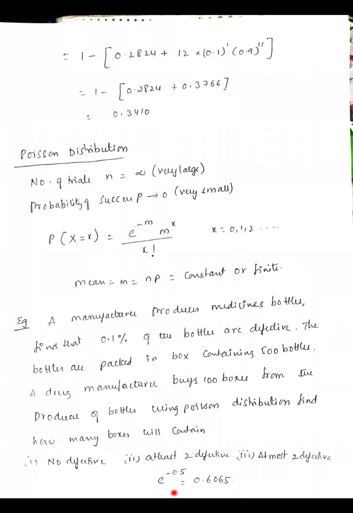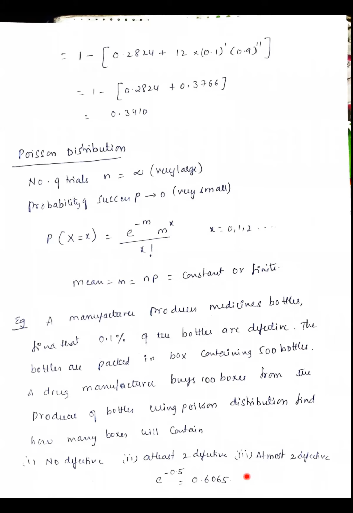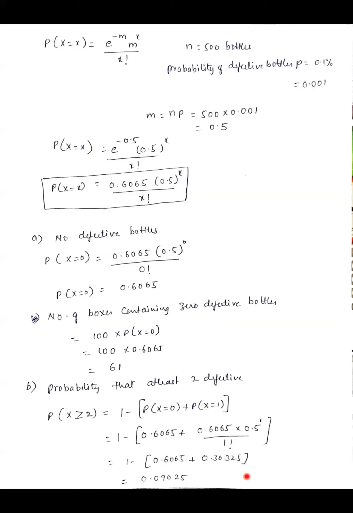Here they have given the value of e to the power of 0.5 directly. The Poisson distribution equation is probability x = e to the power of minus m into m to the power of x by x factorial.